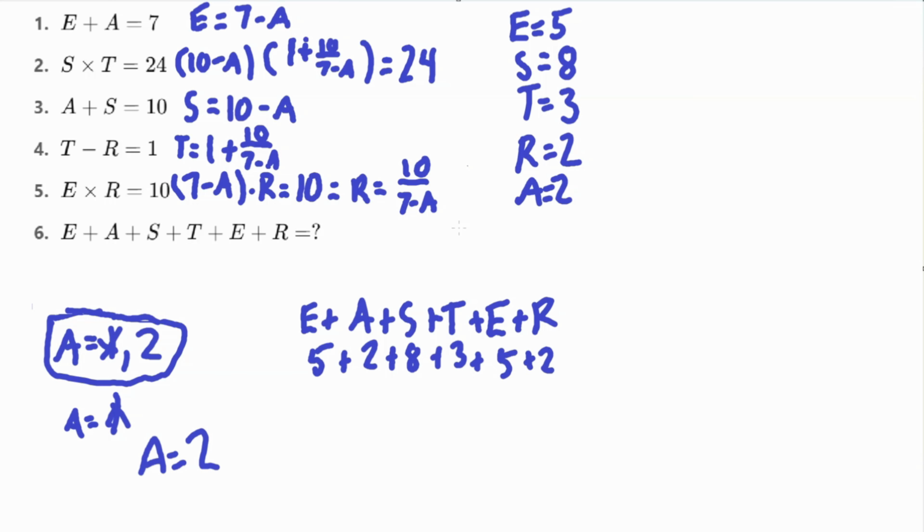And plus 2, so that'll give us 5, 7, 15, 18, 23. 23 plus 2 is equal to 25. So Easter 2025, our answer is 25, okay?